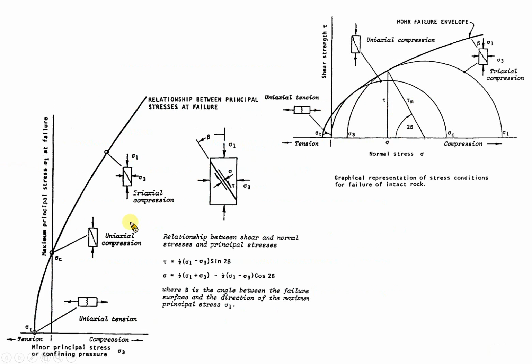If you have a larger sample, then the strength will reduce, because you will have more defects. If you have more defects, then it is easier to have crack propagation and make the brittle material fail. So this concept also originated from Griffith's theory.